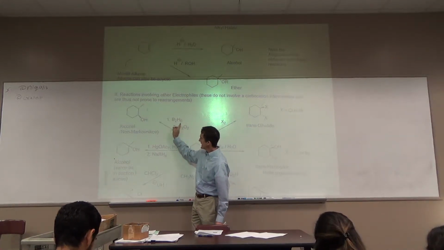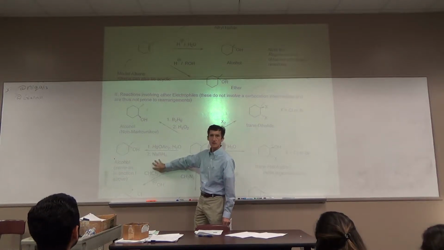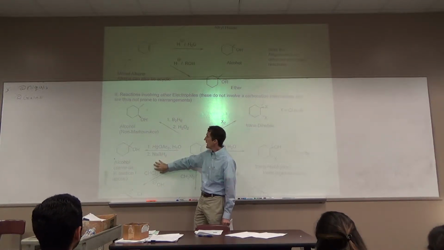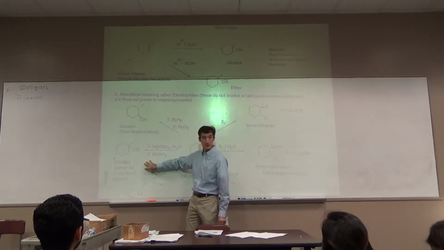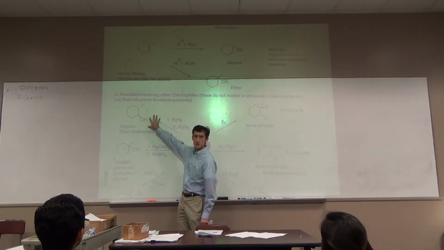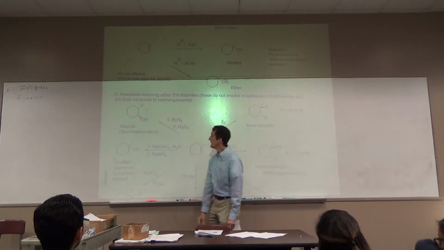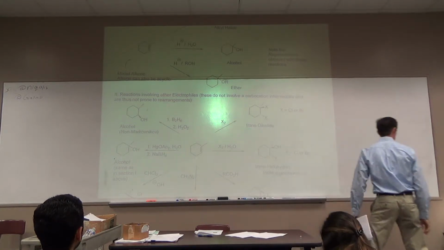We also looked at hydroboration-oxidation. These are two ways to get alcohols. They're complementary. One gives the Markovnikov product, the typical product. One gives the non-Markovnikov or atypical product. You understand what's going on with that terminology?